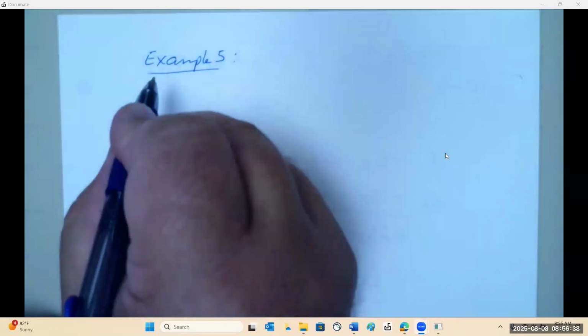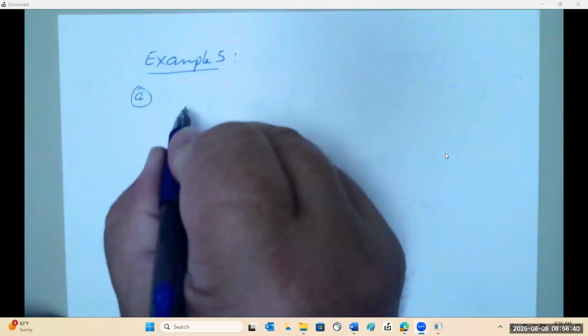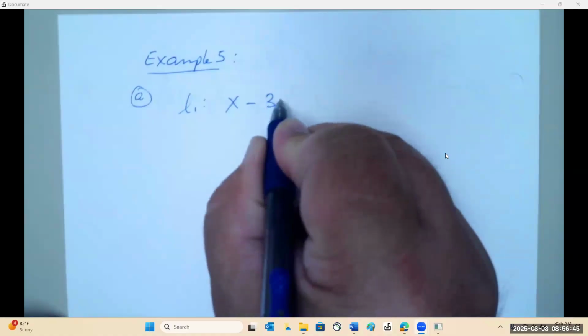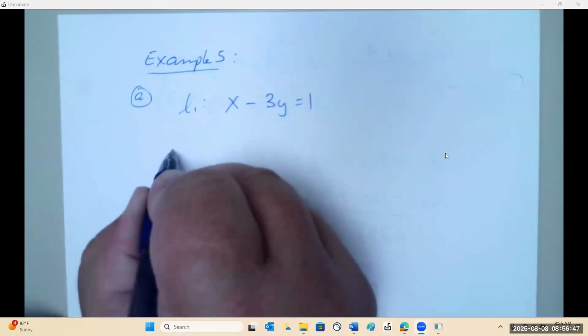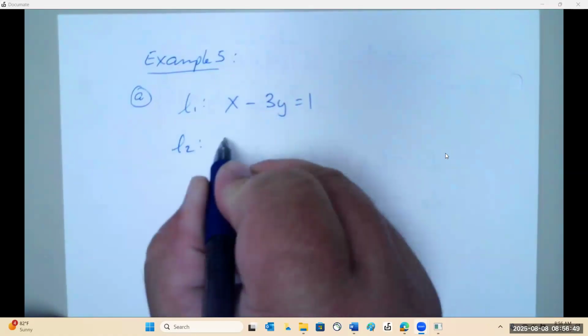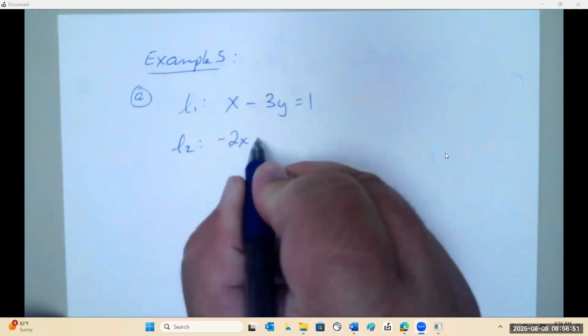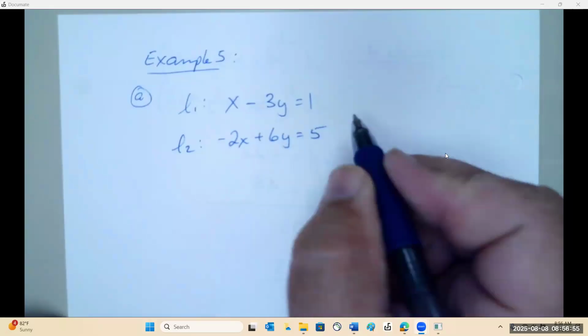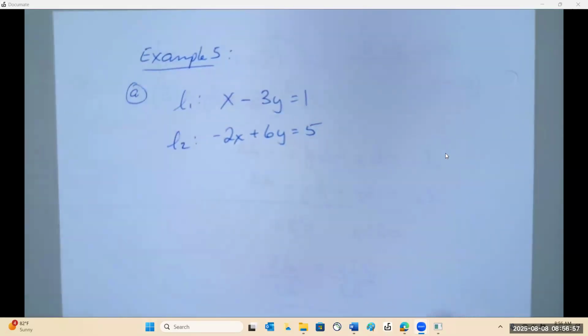with these equations. A, line 1 is x minus 3y equals 1. Line 2 is -2x plus 6y equals 5. Do you want to use the elimination or substitution method here? It doesn't matter to me.